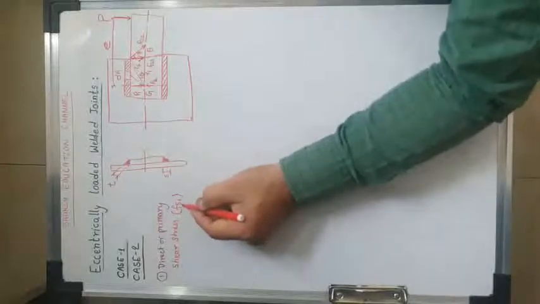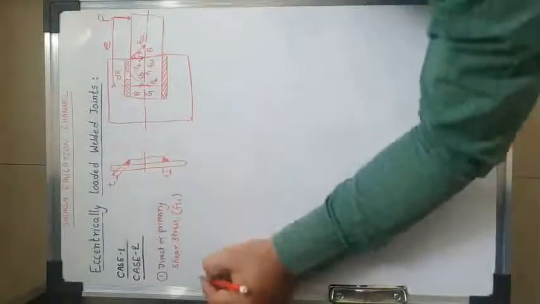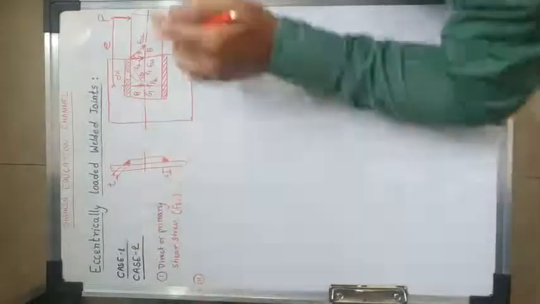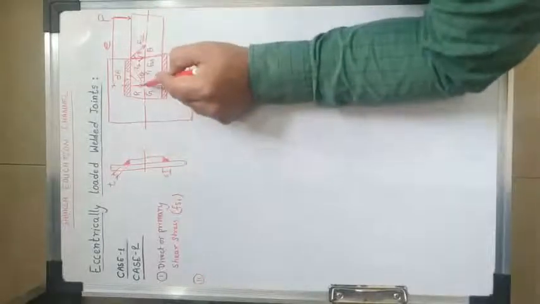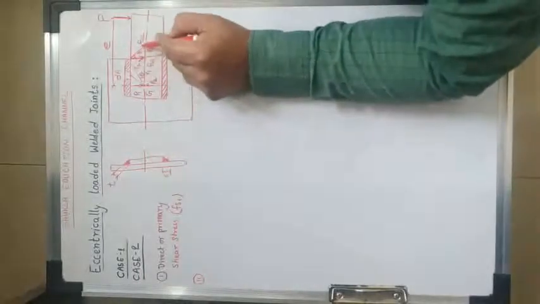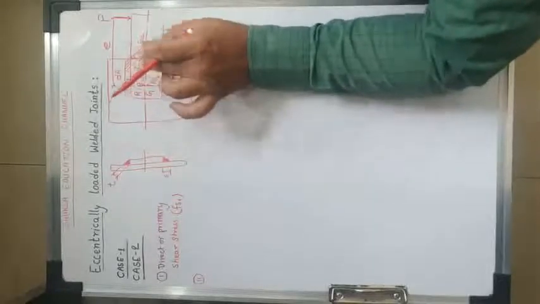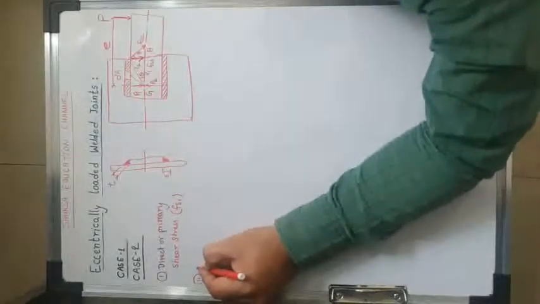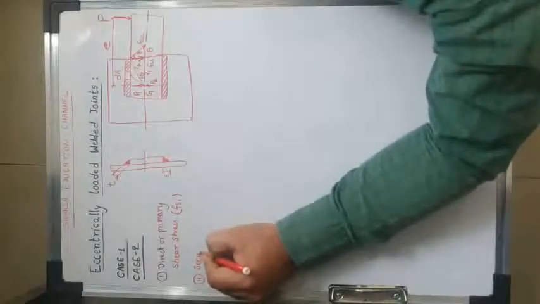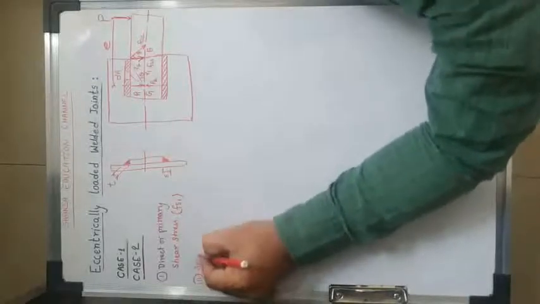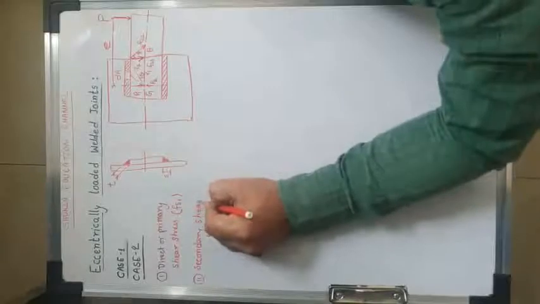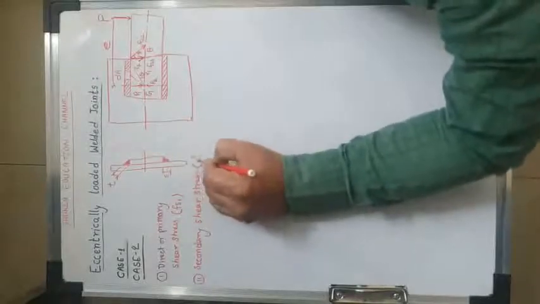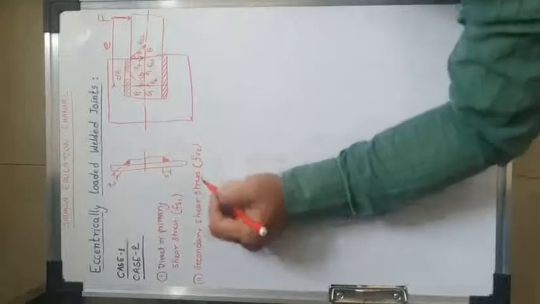Because 2 shear stresses are here. So this is 1, and what is the second? That is because of the moment. Load is applied here, E is here, so a shear stress will come, but of the same nature. So this is secondary shear stress, that is Fs2.